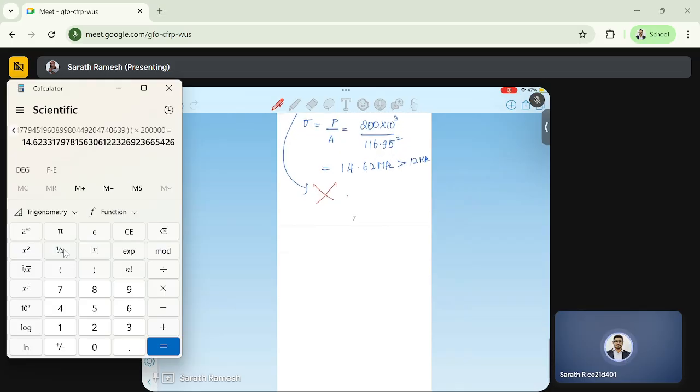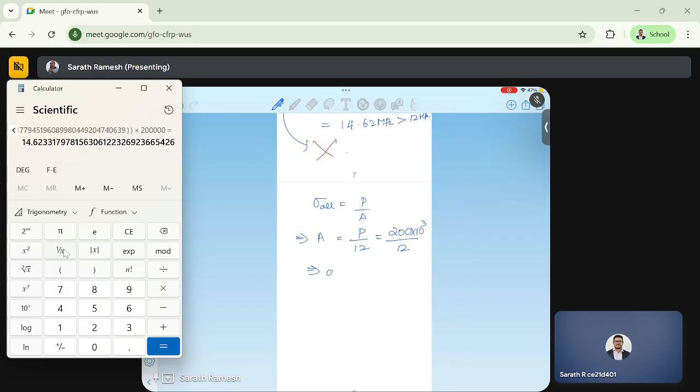So we'll find based on this allowable, sigma allowable is P by A. So A will be P by 12, which is 200 into 10 power 3 by 12.